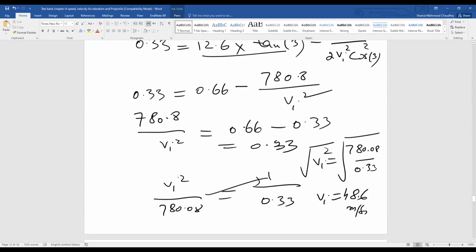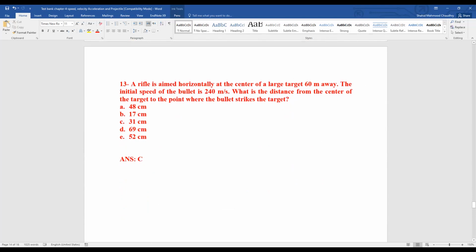Okay. After this, a rifle is aimed horizontally at the center of a large target 60 meter away. So this is the target and its center is here.